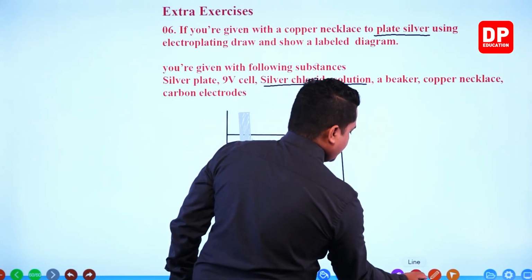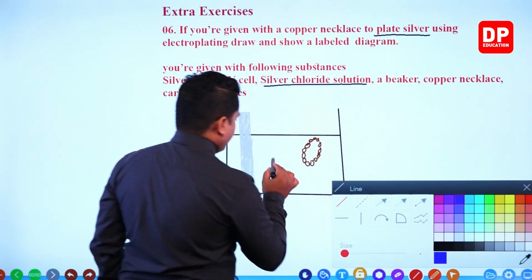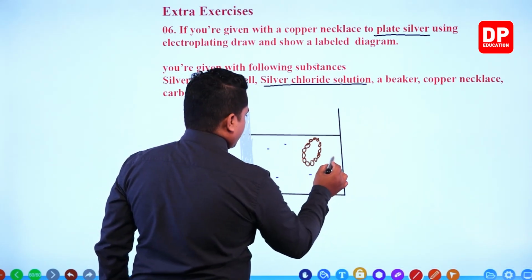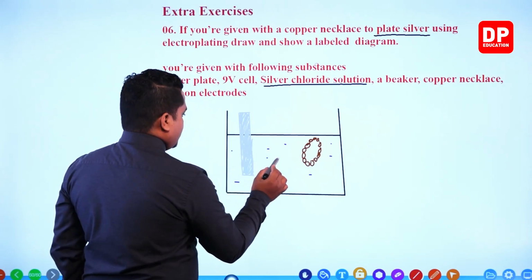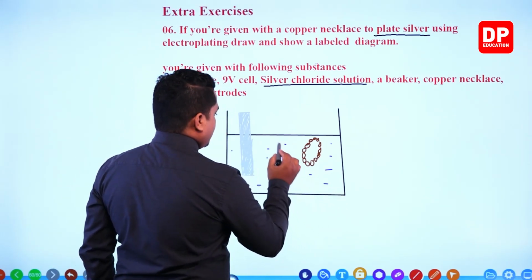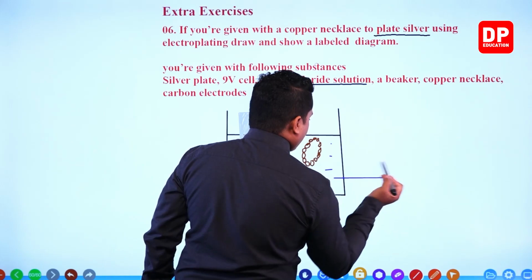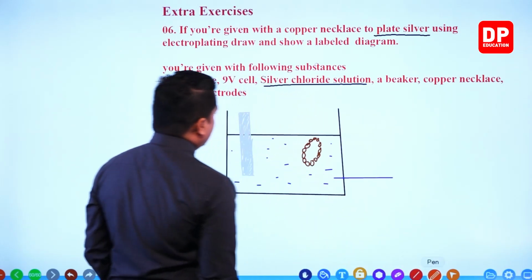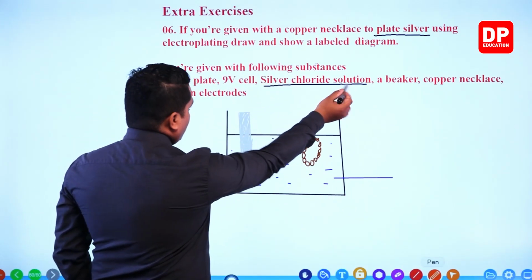Then my dear children, I'm going to use the solution. So the solution you know already. This solution should be silver chloride solution.